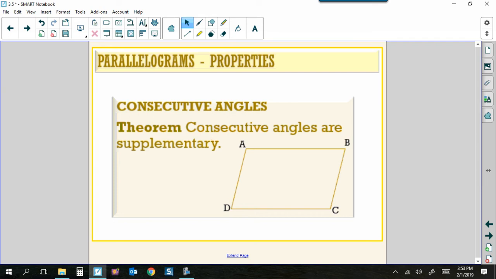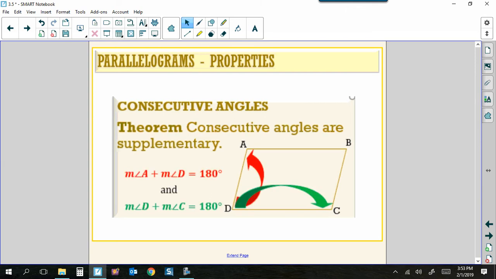Consecutive angles in a parallelogram are just angles that go right next to each other. So angle A, angle D would be consecutive. Angle D and angle C would also be considered consecutive. So we are able to make the equation that they add up to equal 180 degrees. And the same pattern would go around. C and B would be supplementary, and B and A would be supplementary.